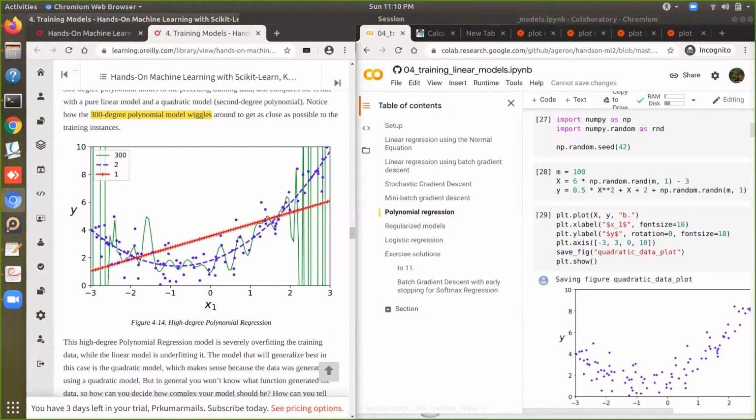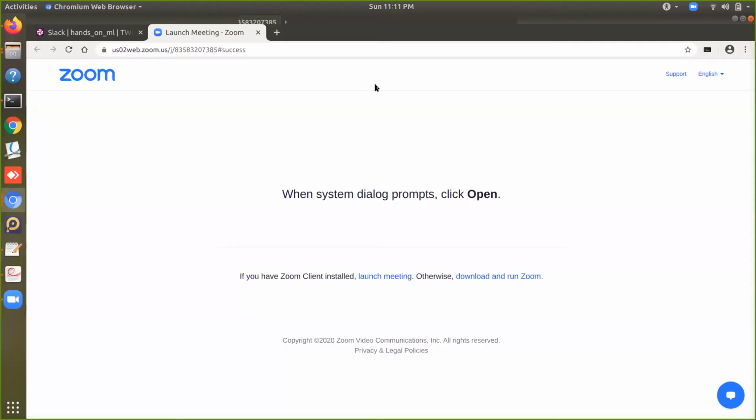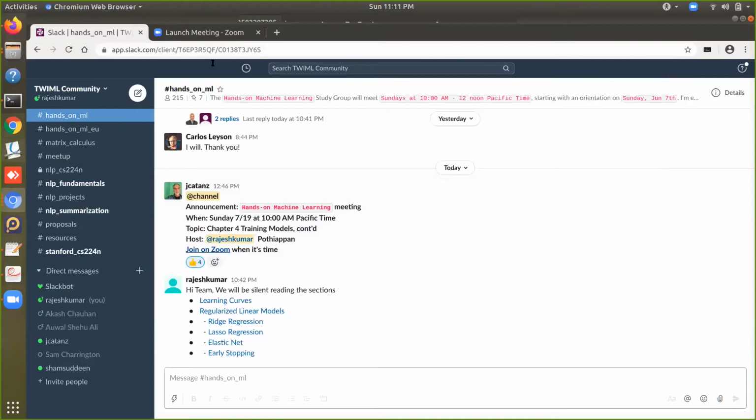Can I ask a question while we are waiting? Does anyone know why we give the argument include bias as false for polynomial features? We would want the constant term as well, right? Why do we give that as false? It's possible that the polynomial model already includes a zero order term.